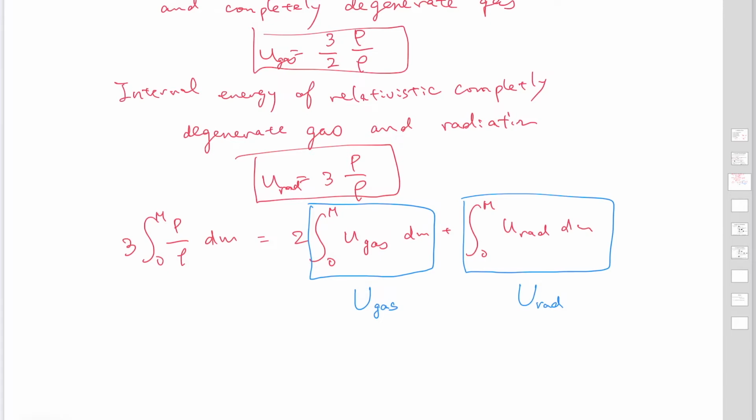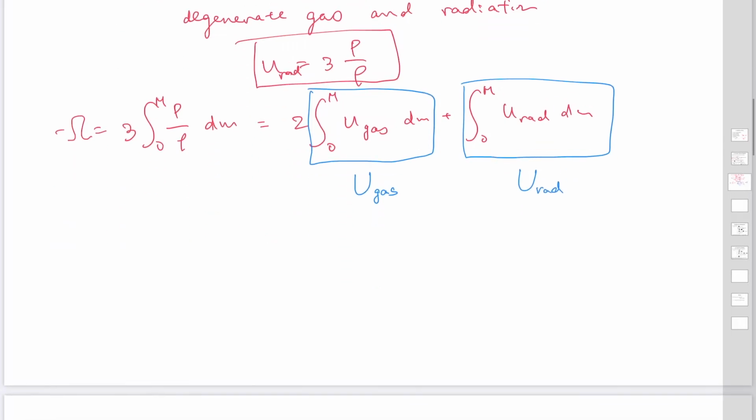And then from the virial theorem, this is equal to minus Omega. So from these equations, we discover that 2U sub gas plus U sub radiation equals minus Omega.